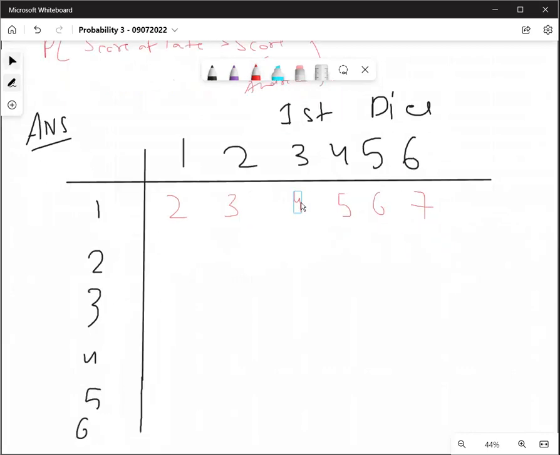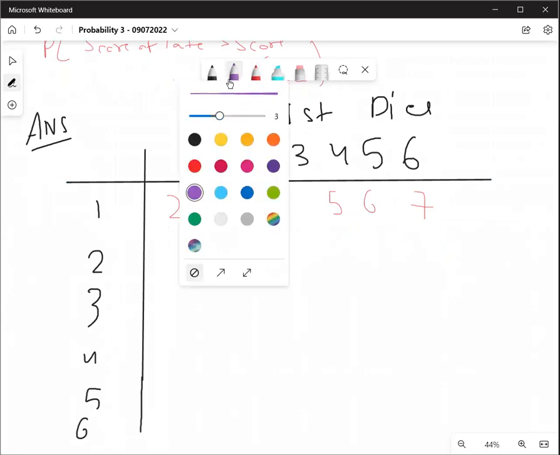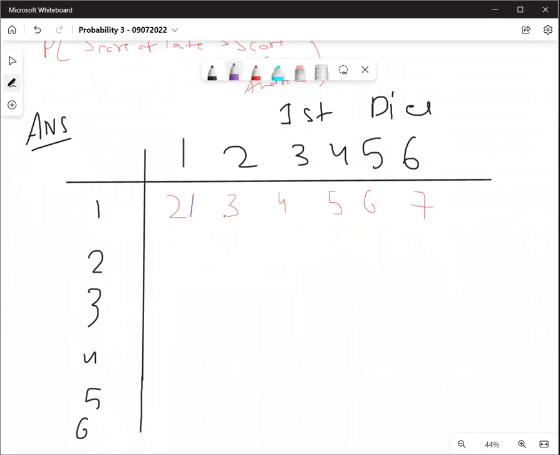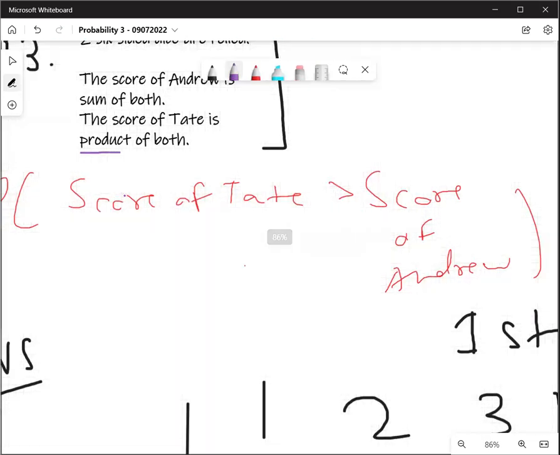That's Andrew's score in the first row. What I'm doing is adding them together. Now let's find the score of Tate. If I try to do that, this is how it will look. Multiply them together. So 1, 2, 3, 4. Why are you multiplying them? Because that's the score of Tate, the product.